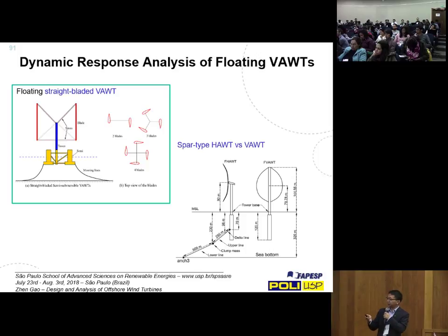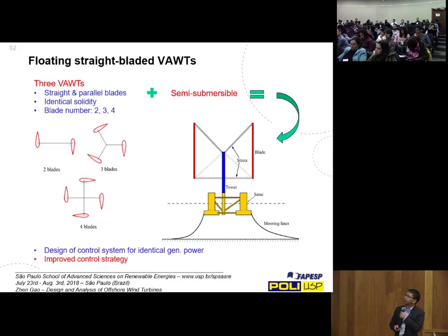And now we look at the first case. And of course, you have to redesign the blade so that we end up with the same output power, that is 5 megawatts. Here we redesign the chord length of the blade so that you achieve the same generator power.